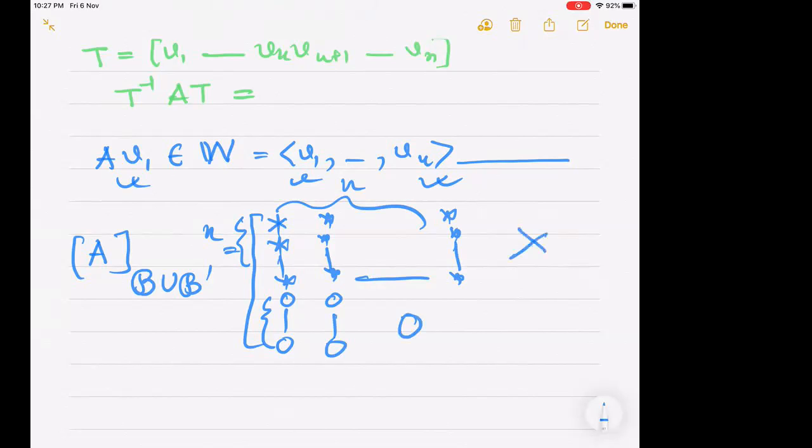Then here may be something, because now I'm going to make A act on vk+1, and it may require all possible linear combinations. So A vk+1 written as a linear combination of v1 up to vn may require all coefficients to be non-zero. I don't know. So all of this is unknown. Some entries will be there, I don't know. But what I know for sure is that this part is going to be 0.